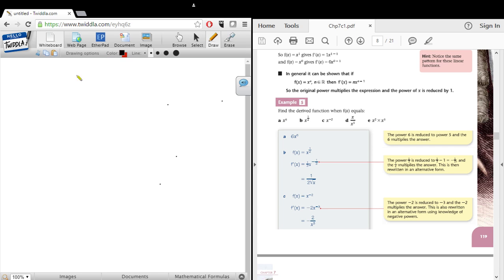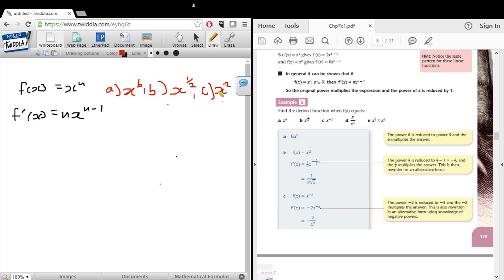We have that f(x) equals x to the power of n, and f dash x equals n x to the power of n minus 1. So if we have a) x to the power of 6, b) x to the power of a half, c) x to the power of minus 2, what does that mean?